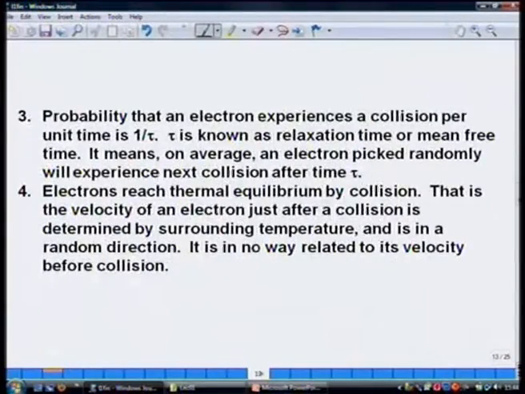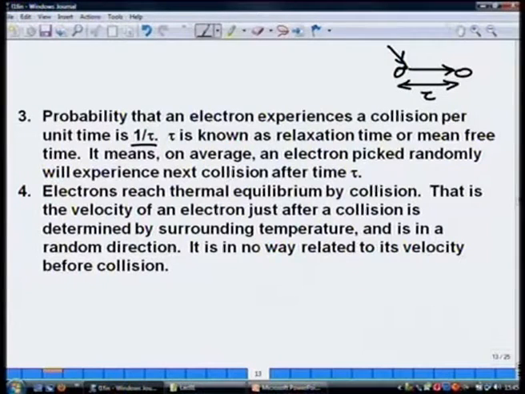Then let us look at the third assumption. Now, he says that there is an ion here, there is an ion here, this electron collided with this and then evolved in this direction and started in this way towards this direction. The probability that an electron experiences a collision per unit time is 1 by tau, which means if you think that on average whatever the time spent is tau between collisions, then you can think of the probability of an electron experiencing a collision in a unit time as 1 over tau.